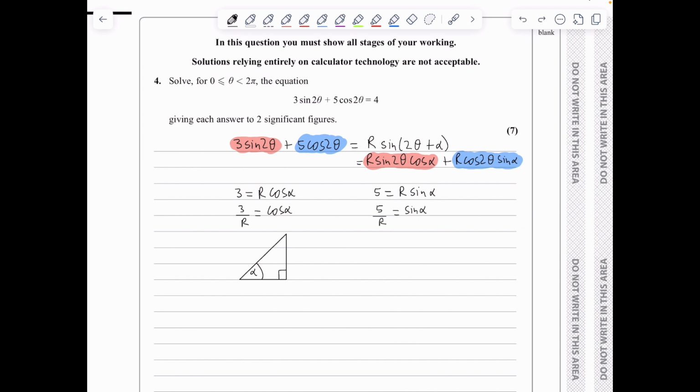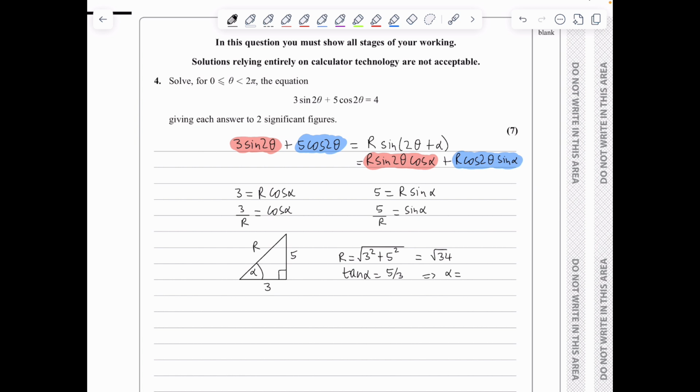We've got cos is 3 over R, so it's adjacent over hypotenuse, and sine is 5 over R, so it's opposite over hypotenuse. I can use Pythagoras to say that R is the square root of 3 squared plus 5 squared, which gives an answer of root 34, whereas tan alpha is equal to 5 over 3.